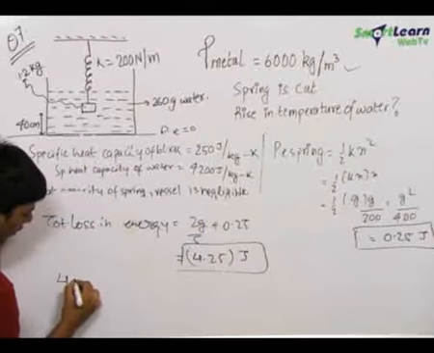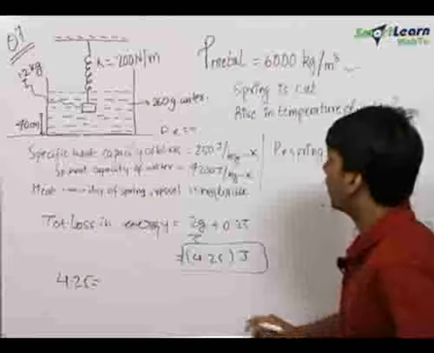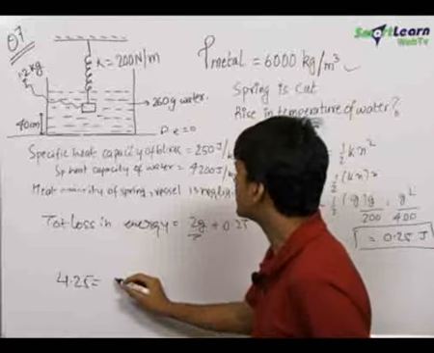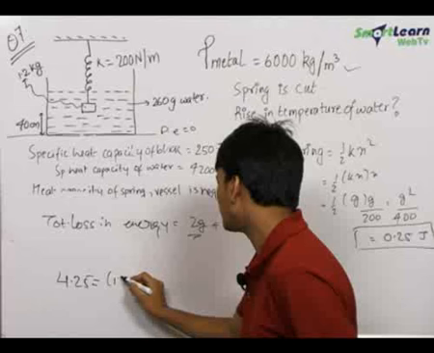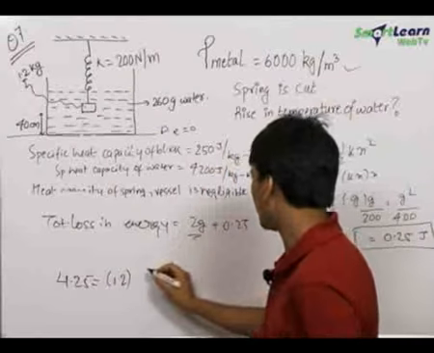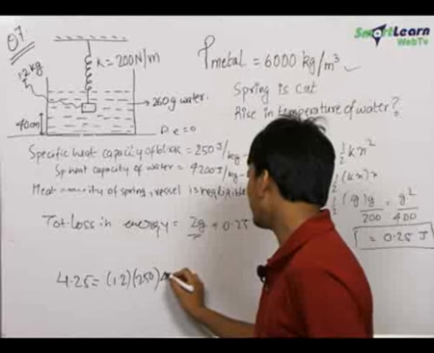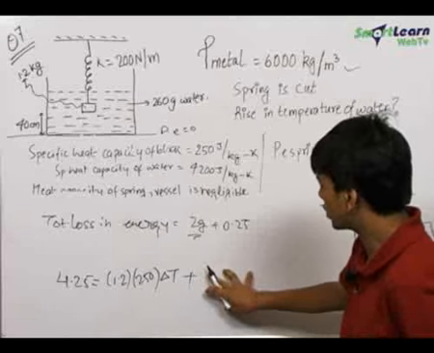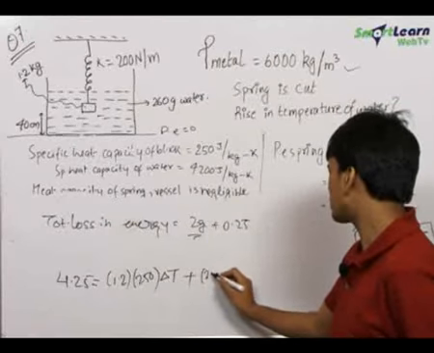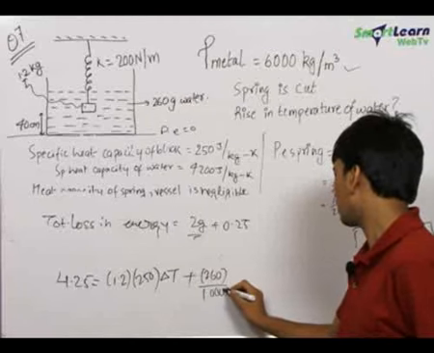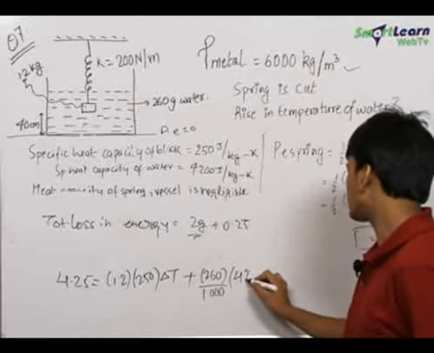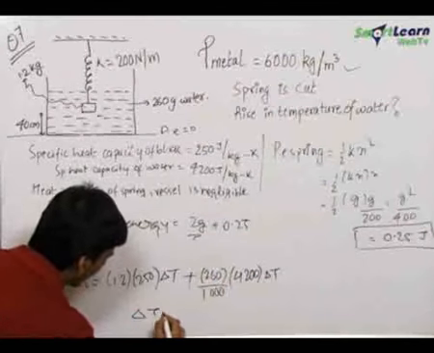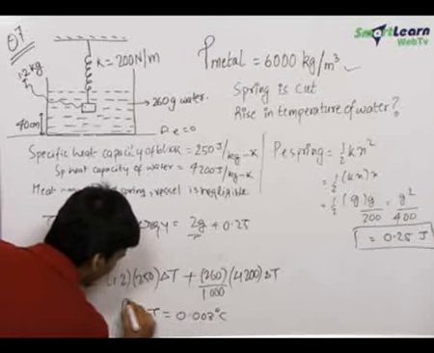Therefore, we can write 4.25 is equal to, let the rise in temperature of each of them be delta T. Therefore, 4.25 is equal to mass of block, that is 1.2, into specific heat of block, that is 250, into delta T, plus the same amount of heat is also utilized to raise the temperature of water by the same amount, that is M 260 upon 1000, into specific heat of water, that is 4200, into delta T. On solving this equation, we get delta T is equal to 0.003 degrees Celsius.